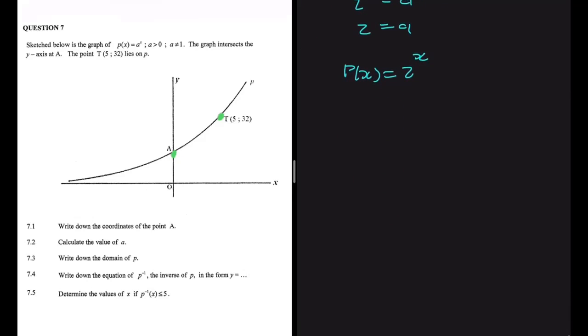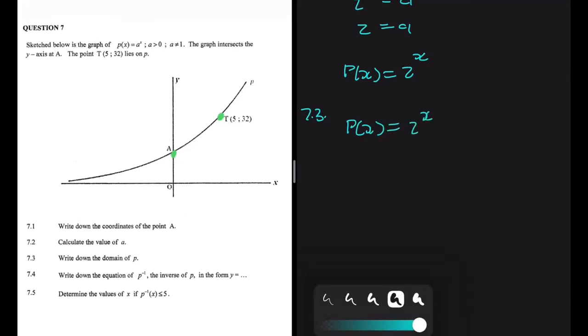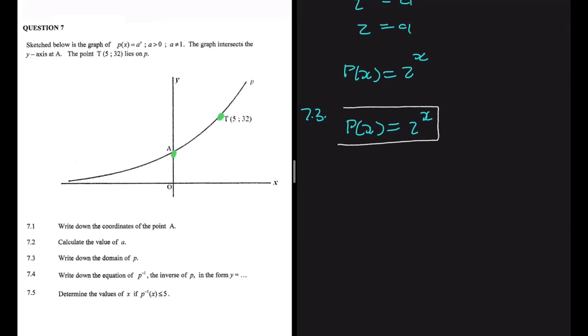Now let's move to 7.3. So 7.3 is saying let's write down the domain of p. So we know that p of x is equal to 2 to the power of x. If you look at this equation here, you will realize that it is defined for all negative values of x, and it is also defined for all positive values of x. It's also defined at x equal to 0.